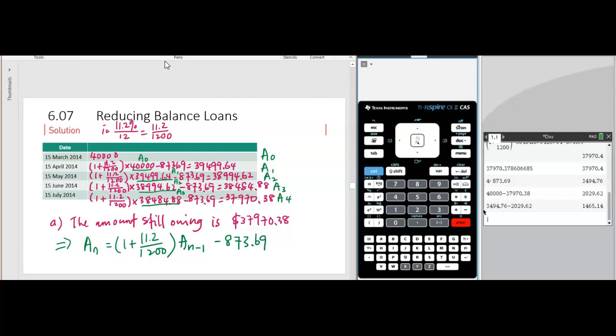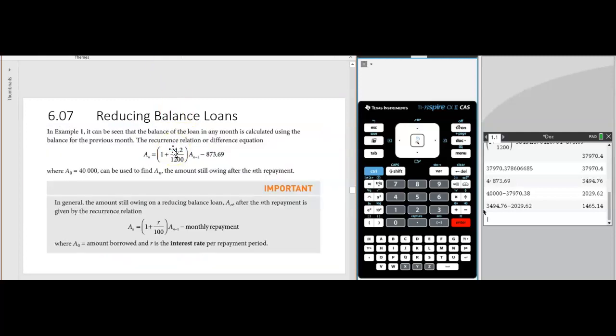And this common pattern is actually indicated here. So with AN being the amount that you still owe after N repayments, this is the formula that we actually used for the question earlier, the general form here for that particular question, with A0 being the loan amount.